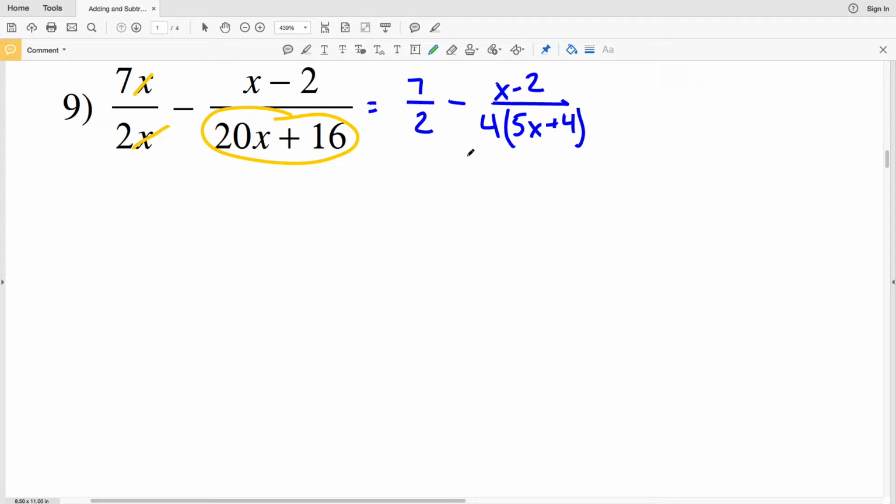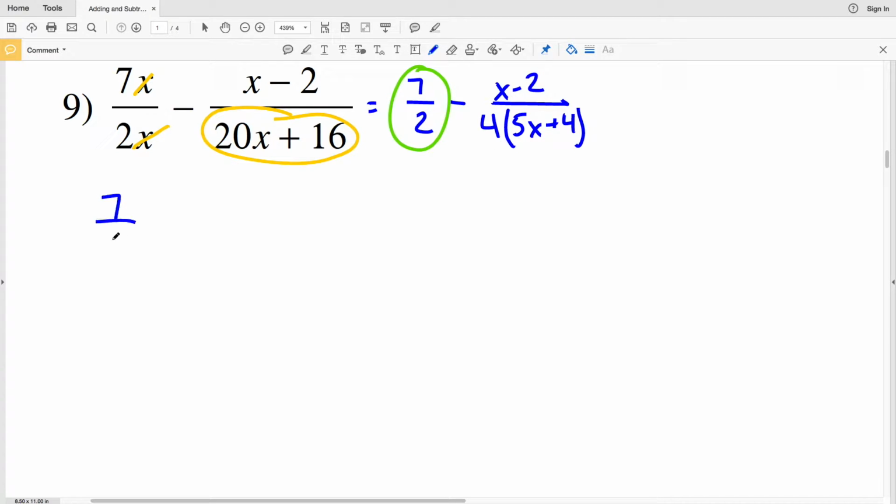So now, remember that I said we need to have a common denominator in order to add or subtract. And 2 is not the same as 4 times 5x plus 4. However, we'll be able to multiply 7 halves by some quantity 1 in order to manipulate it.